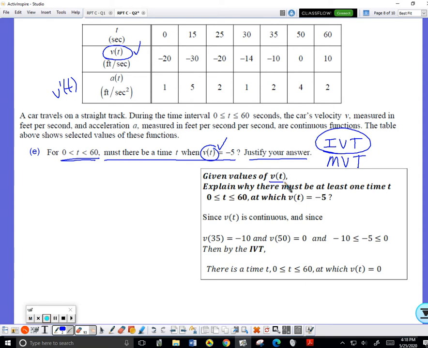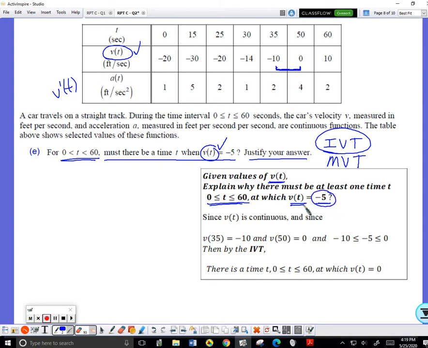Given values of v, the symbols on the golden notes are different than this. I retyped them, but same idea. Given values of v, explain why there must be one time between 0 and 60 where v equals the target value. So given v, we're checking for v. I look at the values of v and I see right here, there's got to be a value of v between negative 10 and 0 that would be negative 5.